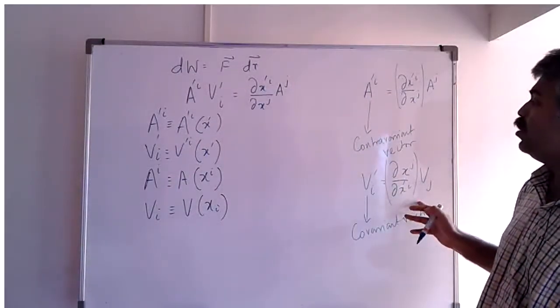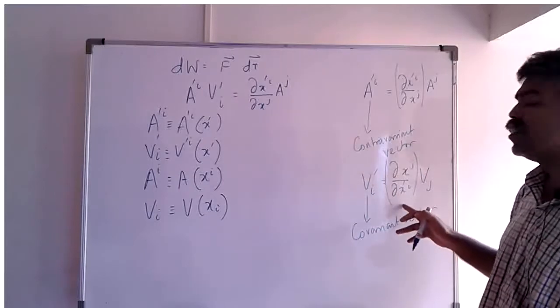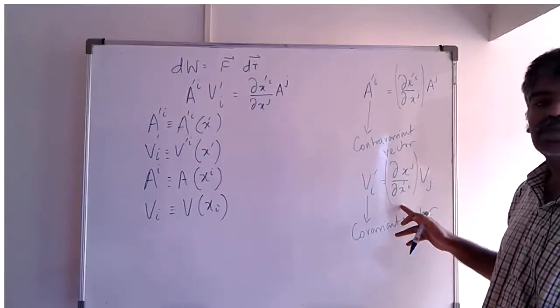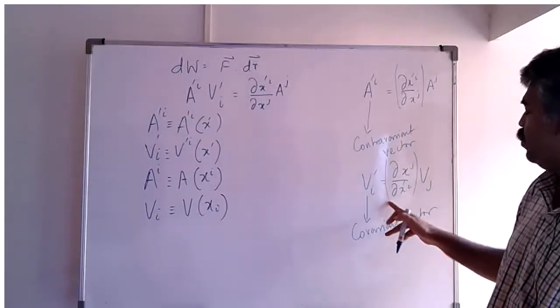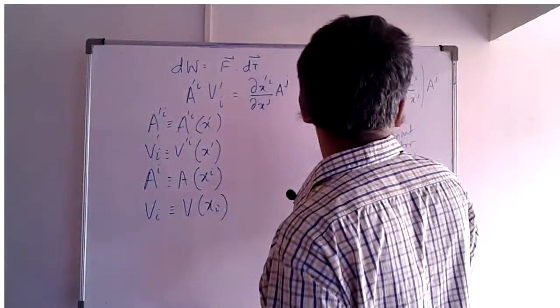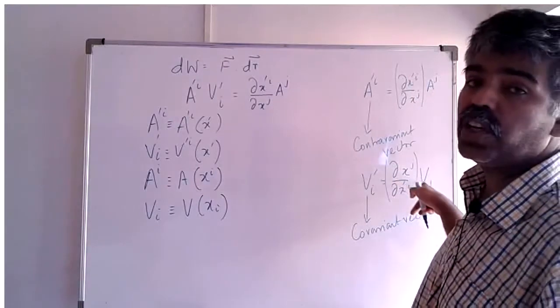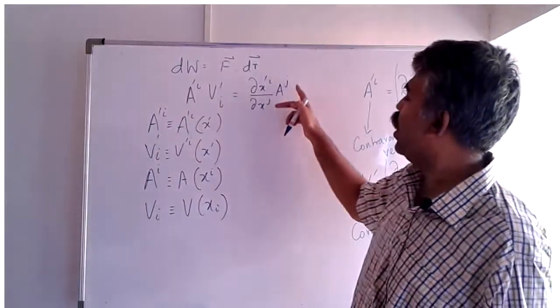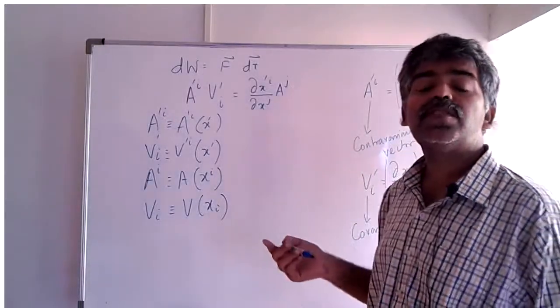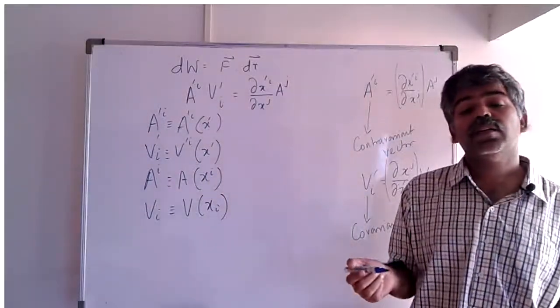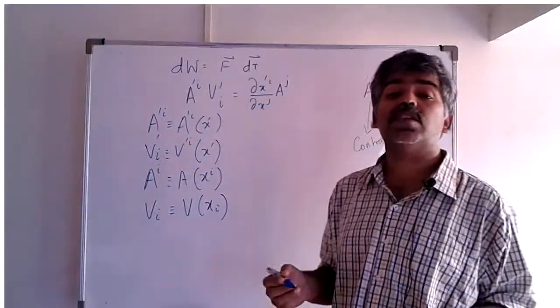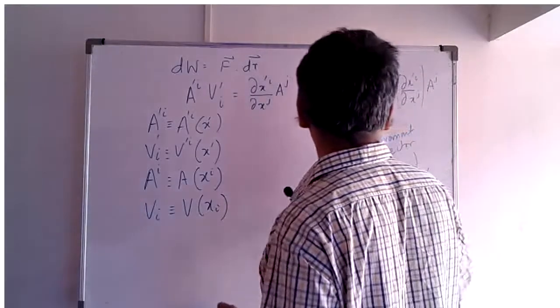Now I need to write this. Can I write this directly? What's the problem? If I write this, the index is j as well; the dummy index is j as well. I can't have two pairs of the same dummy indices, because then we will not get the cross term. So I have to change the dummy index.